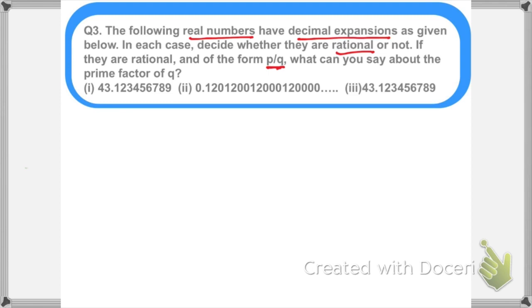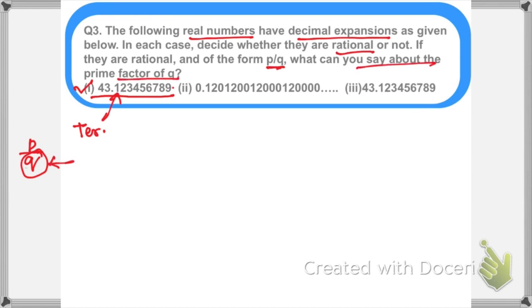Okay. So moving on to the first question. This question has a terminating decimal expansion, right? Meaning after 9 it just terminates, it does not keep on continuing. So since this is a terminating decimal expansion, this is a rational number of the form p by q, where we have to say something about the prime factors of q.